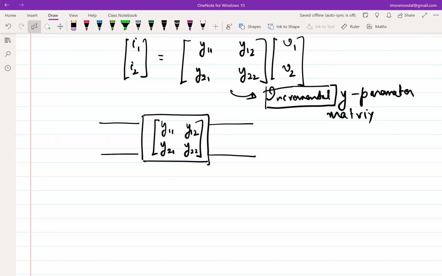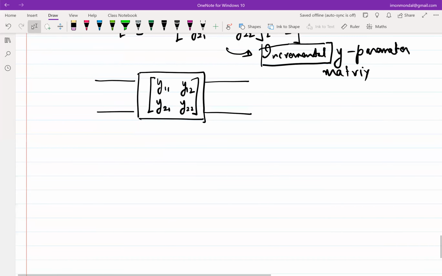Because we saw that a constant voltage source will be replaced with a short circuit, and a constant current source will be replaced with an open circuit. There are no constant voltage and current sources. There are only incremental linear networks.